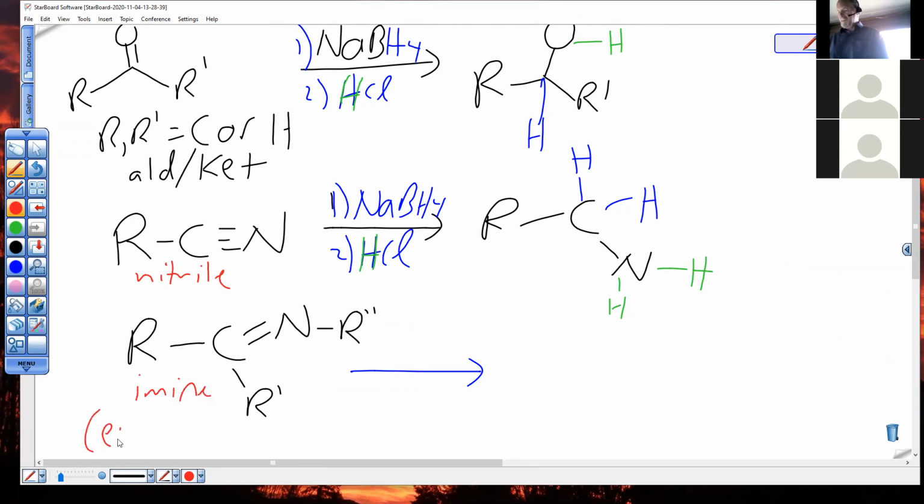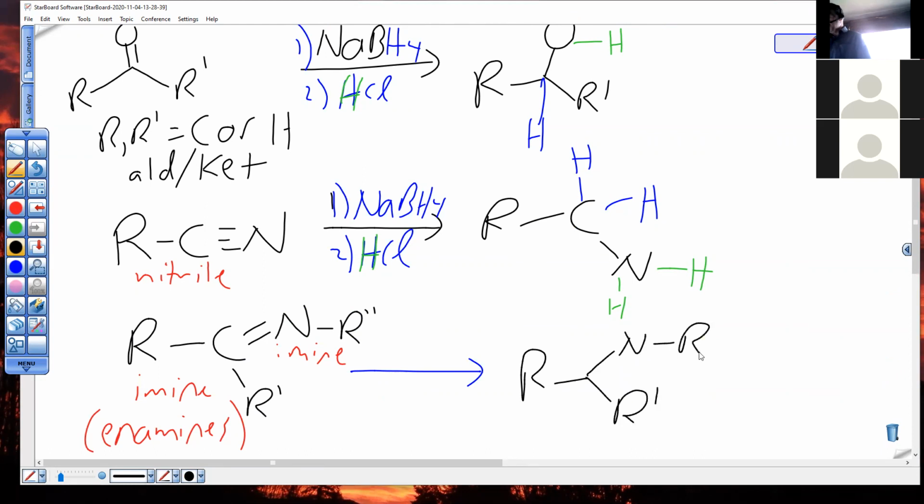I'll put enamines too. Look back in your notes, they're both in there. I only have an imine showing here. Similar results for both though. And you get the new H, better put your NaBH4. And you get your new H there, that's green, because you got your new H here, that's blue.